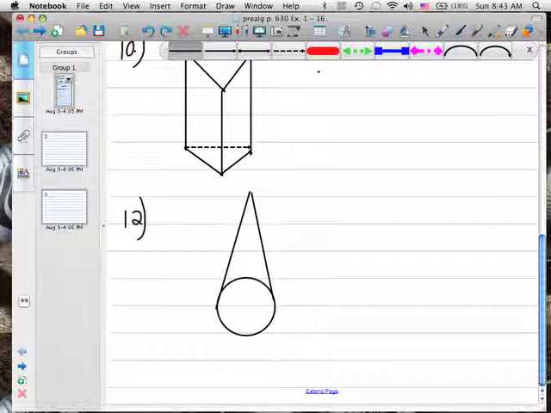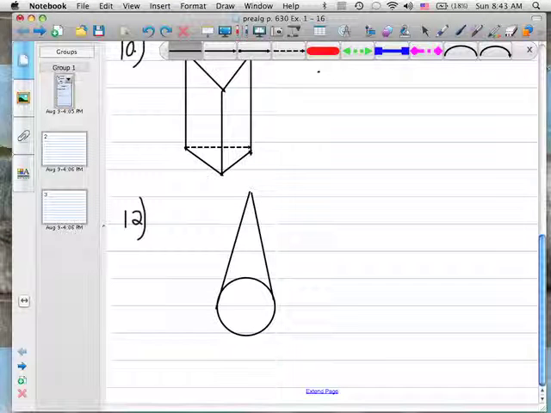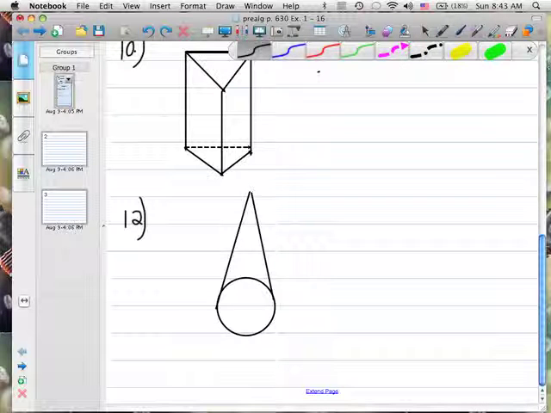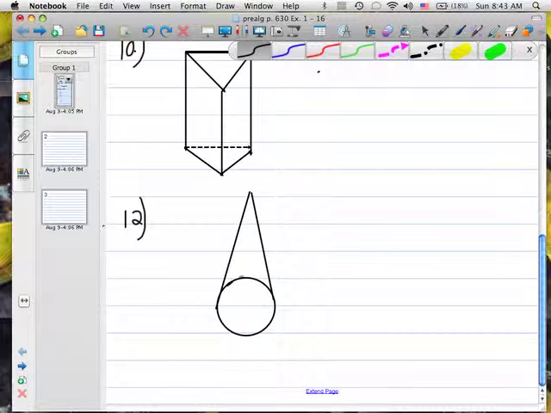And actually we can't see this part here. This could be dashed back here. Or we can see it, doesn't matter.